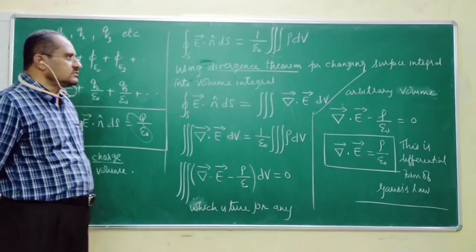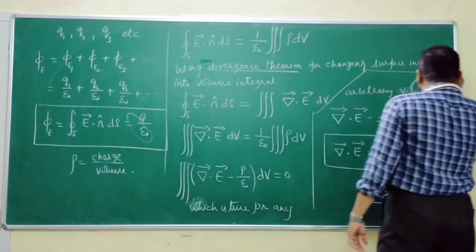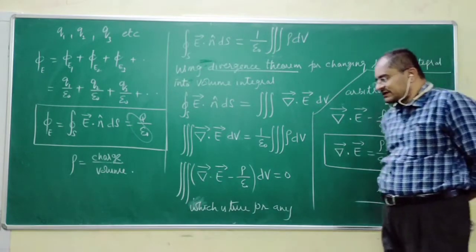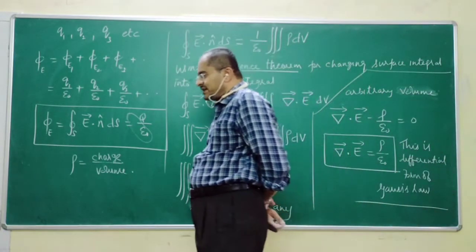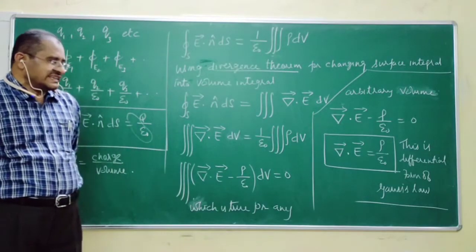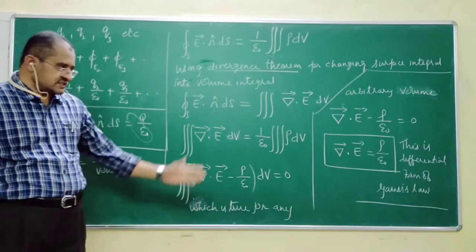That time I told you in our next discussion we will definitely derive that. We have derived this. Del dot E vector is equal to rho by epsilon naught, which is Gauss's law in electrostatics, which is also one of the Maxwell's equations.